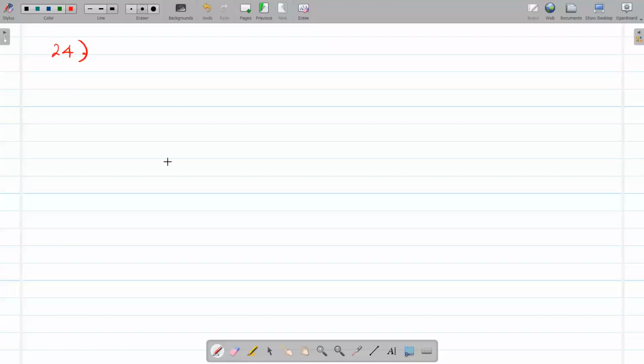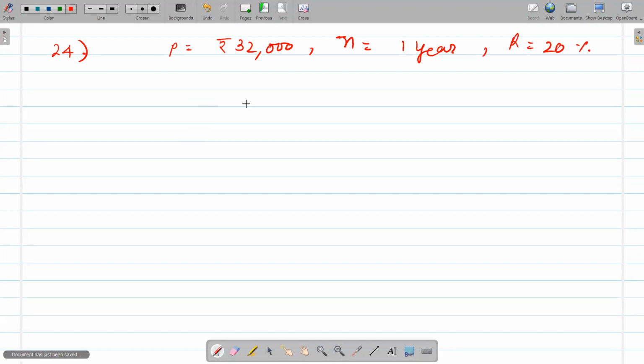Question number 24 है आपका. Find the amount and compound interest on 32,000 for 1 year at 20% per annum compounded half yearly. Again the compounded half yearly formula. Principal is rupees 32,000, time is 1 year and rate is 20%.